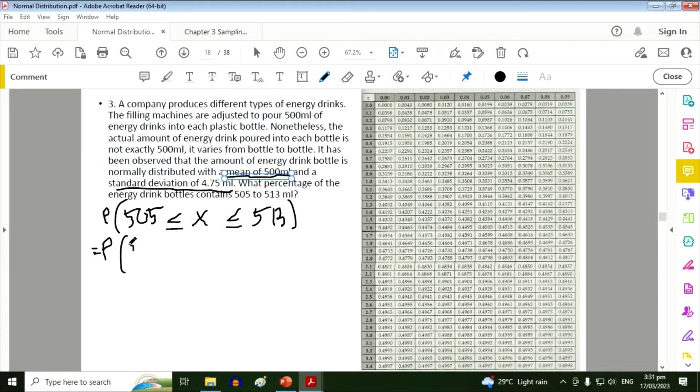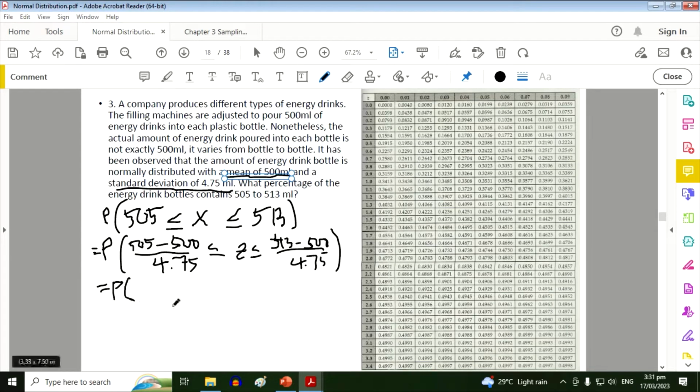This is 505 minus the mean, 500, over 4.75. On the right side, we have 513 minus 500 over 4.75.